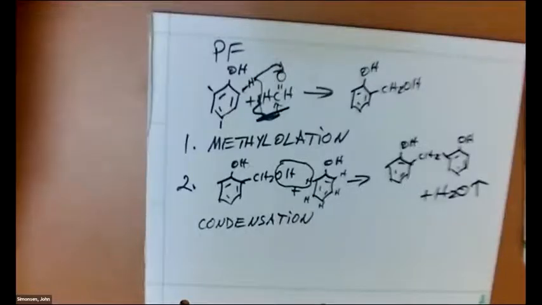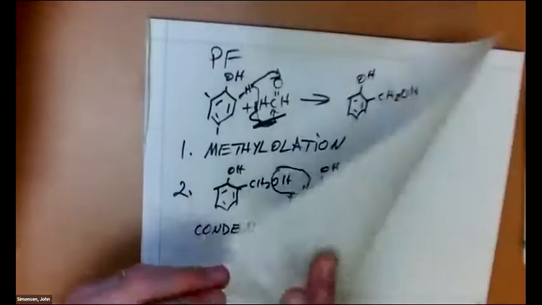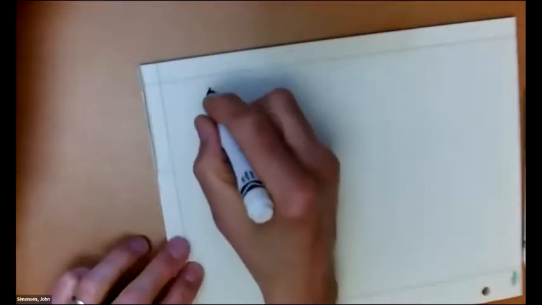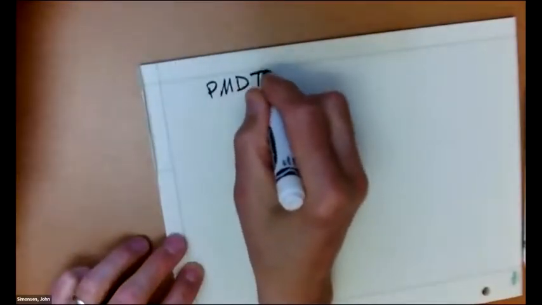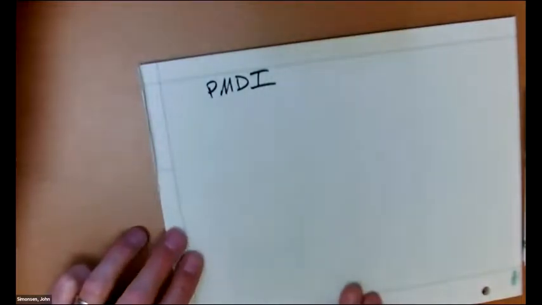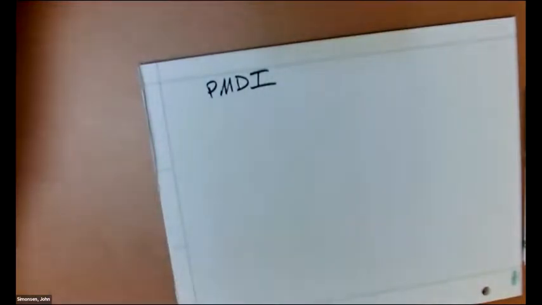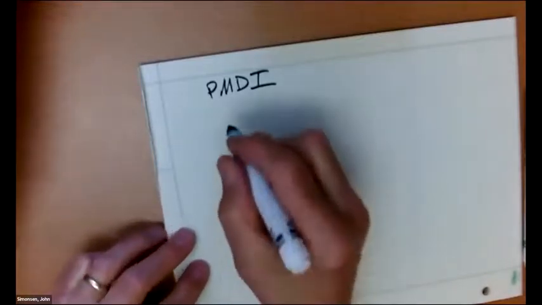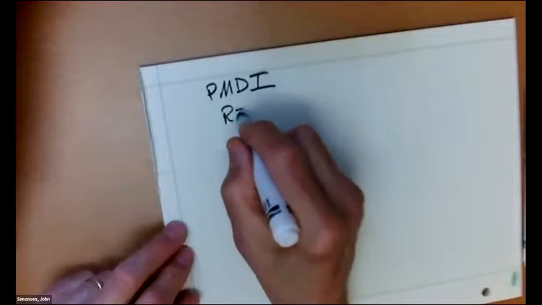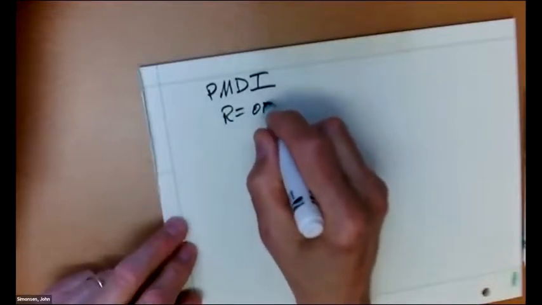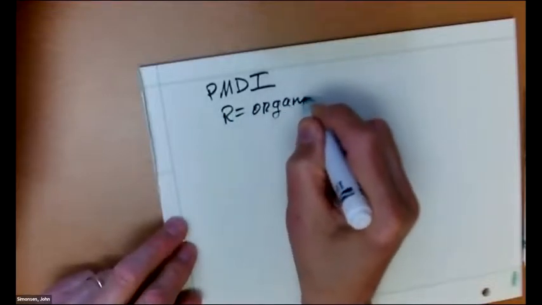All right. So UF and PF are easy. The cure mechanism is the same. PMDI is different. So here you have isocyanates, and R equals an organic whatever.